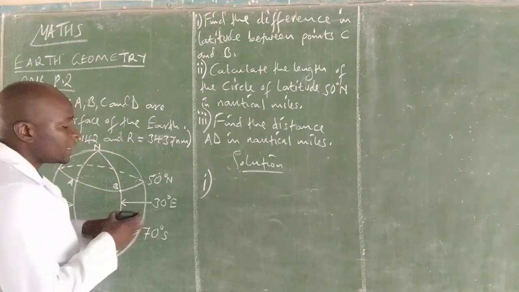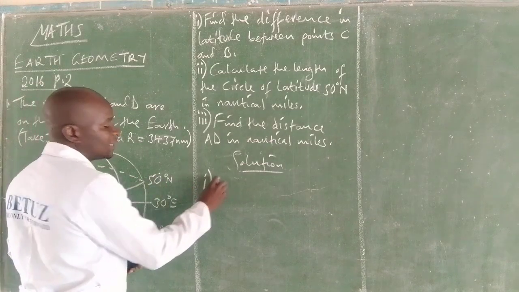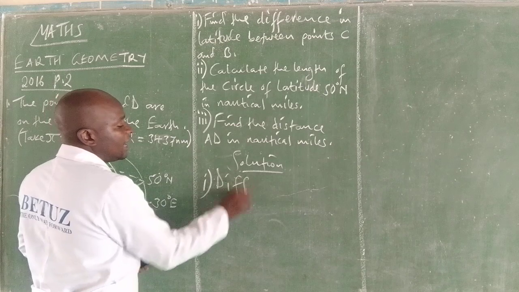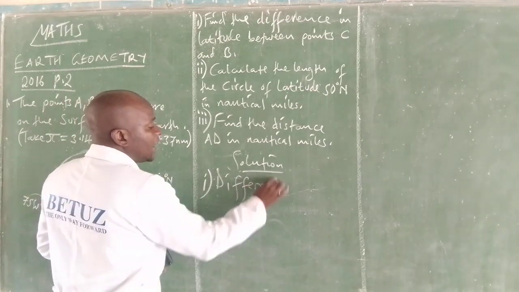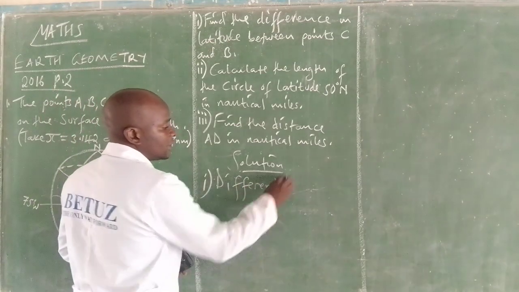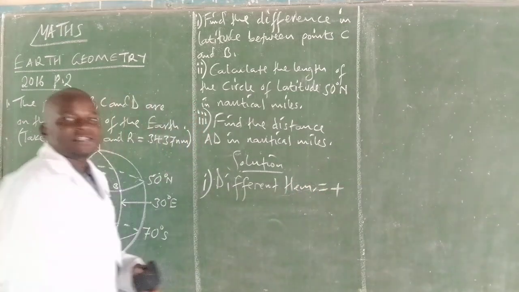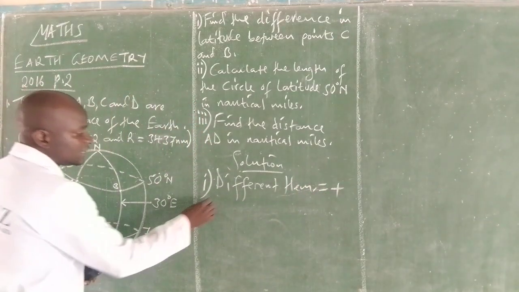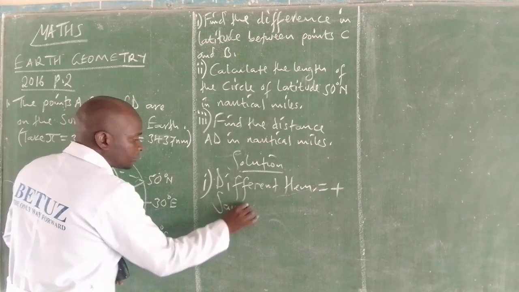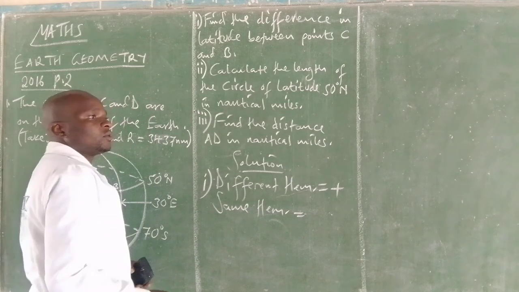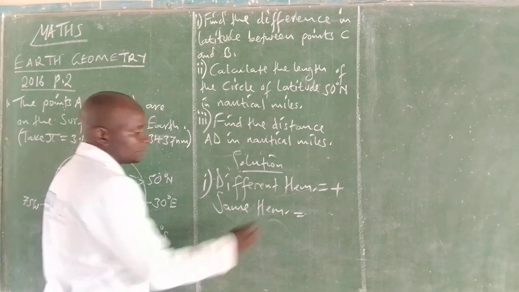If the 2 points that you are finding the difference between are on different hemispheres, you are supposed to add. And if the 2 points are on the same hemisphere, you are supposed to subtract.